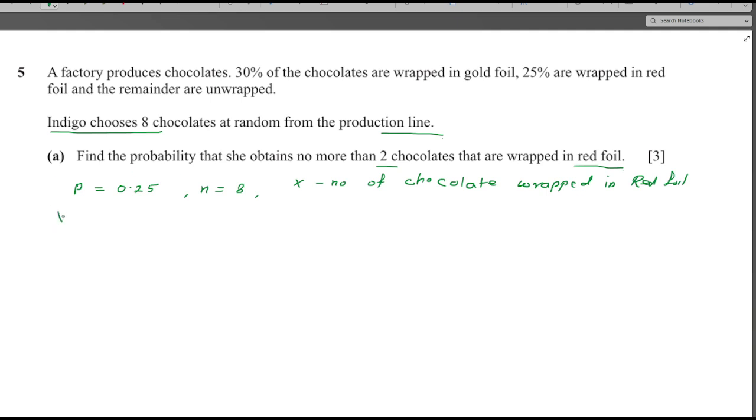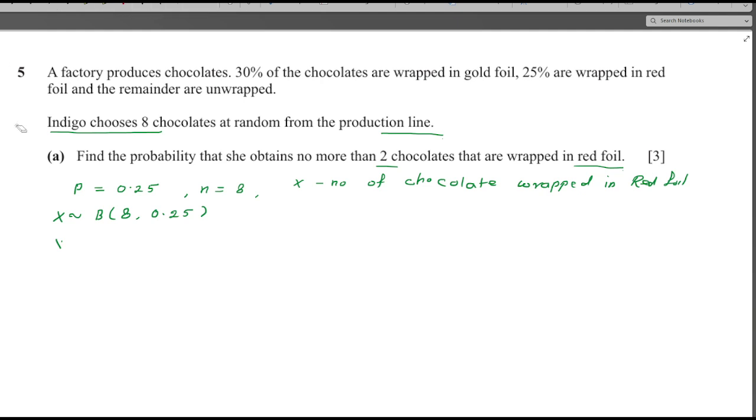So I will say that here X follows a binomial distribution with 8 total chocolates from which I am choosing, and the probability that a chocolate is wrapped in red is 0.25. Okay, so your X follows a binomial distribution.